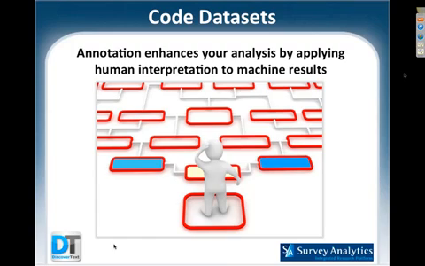We got into building software because of our frustration with some of the commercial off-the-shelf software that we had been using in the lab. I have taught and used for about 5, 6, 7 years now ATLAS.ti, which is one of the leading qualitative data analysis or do-it-yourself text analysis software packages.